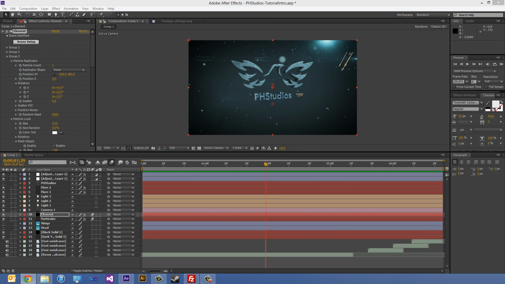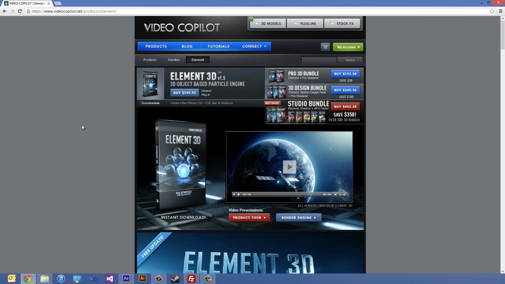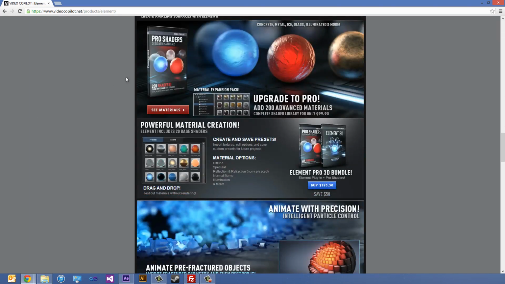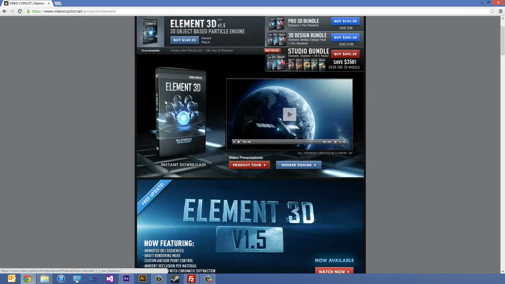And then let me bring up the page for Element. It is a very nice particle system, and it's not that expensive. It's only $150. And then I used the Pro shaders, and that came with a whole bunch of shaders that I could use. And this is a very nice system.